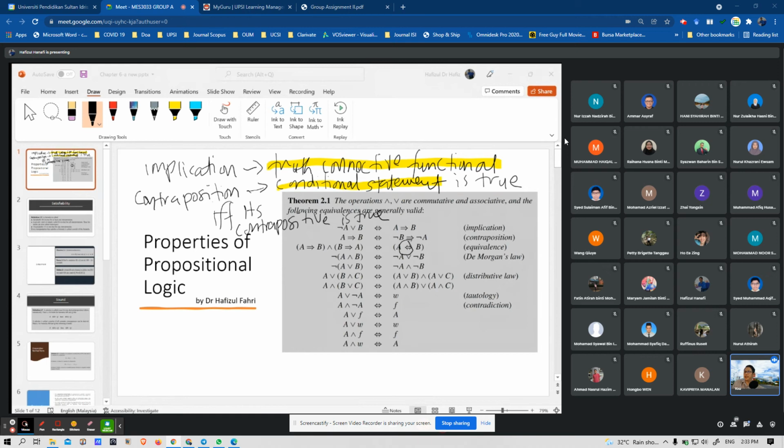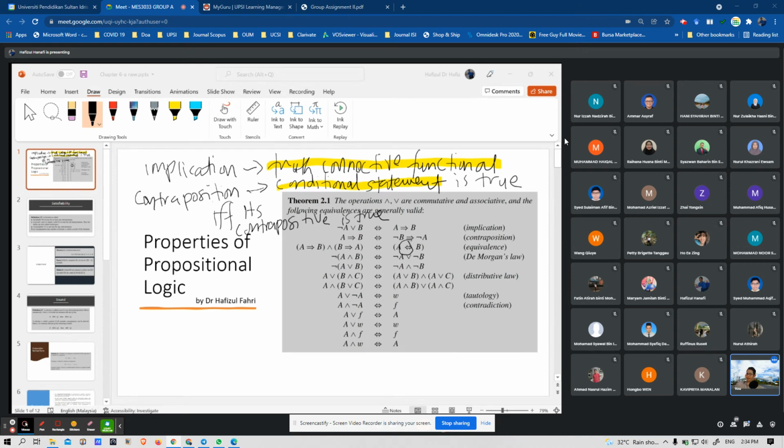Same goes for A or B: we negate it, and it is equivalent to negate A and negate B. This one is De Morgan's law, the pair of transformational rules that are both valid rules of inference.